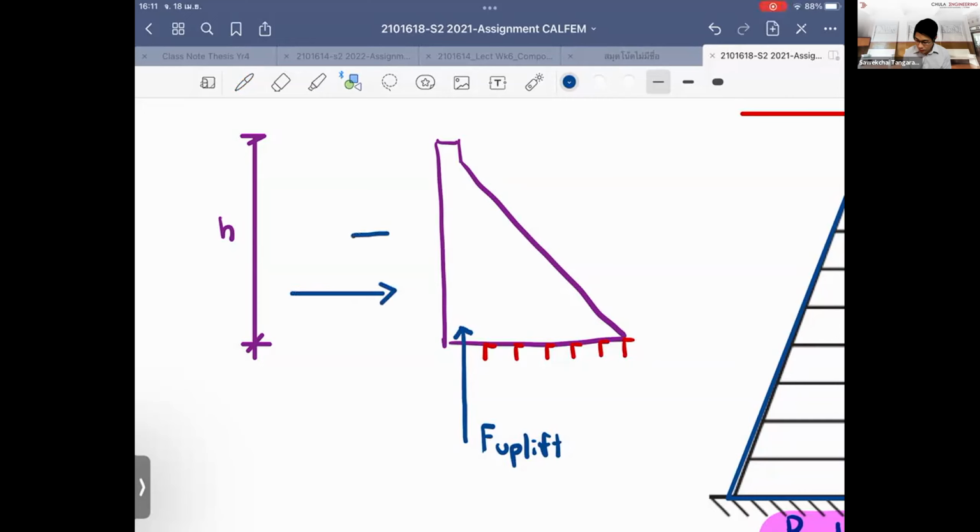And the other hydraulic pressure will be at the half. So you have F1 at the upstream. I call it F overflow.